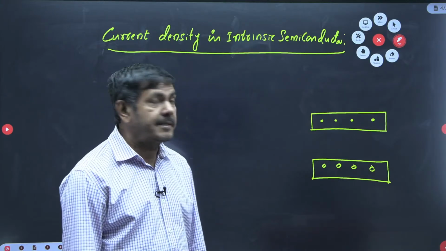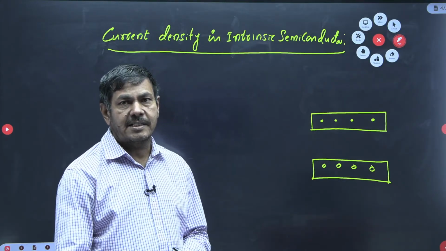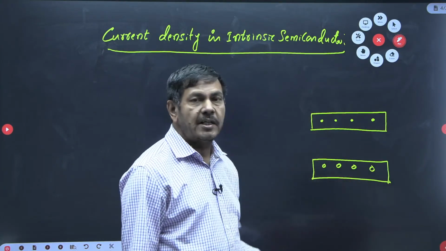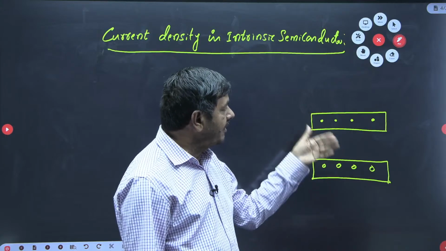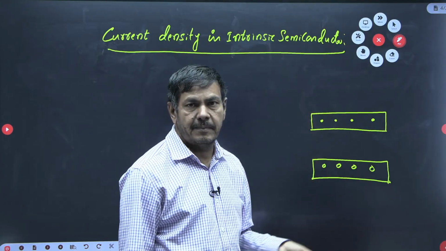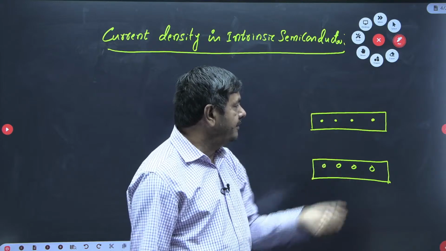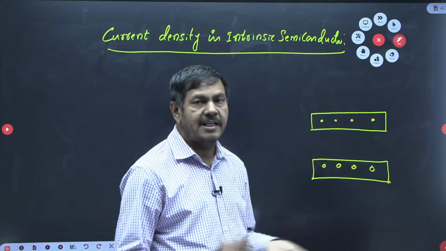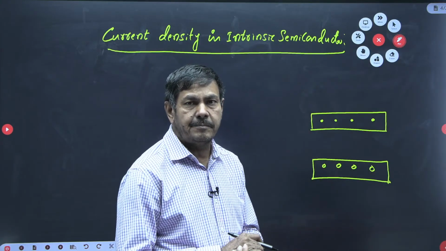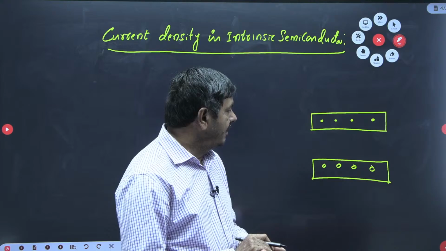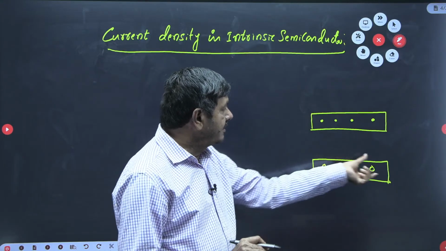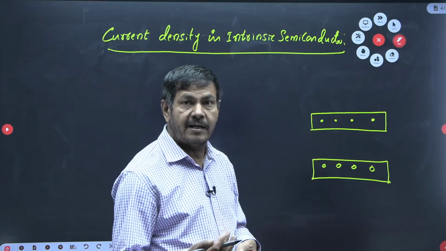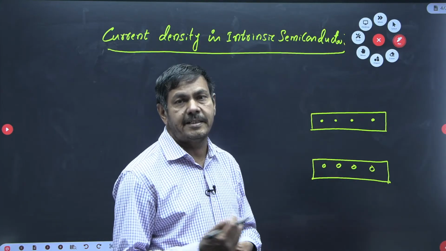But in the intrinsic semiconductor, one more point you need to understand. Whenever I am applying energy to the intrinsic semiconductor, electrons go to the conduction band, and holes are created in the valence band. After some time, can you find the valence band to be empty?